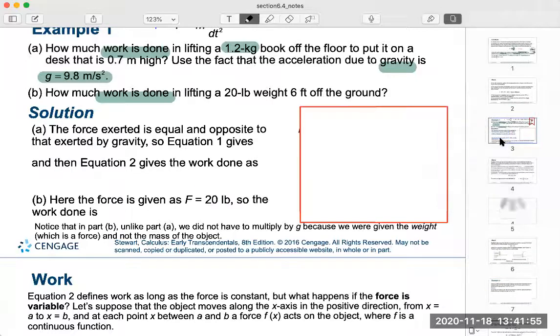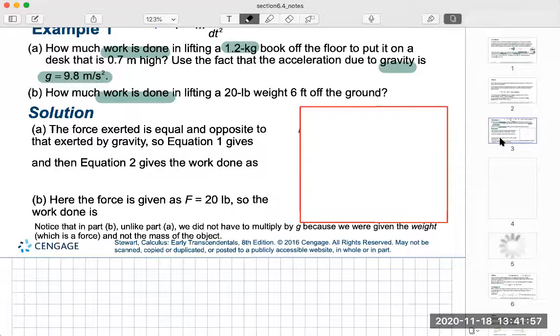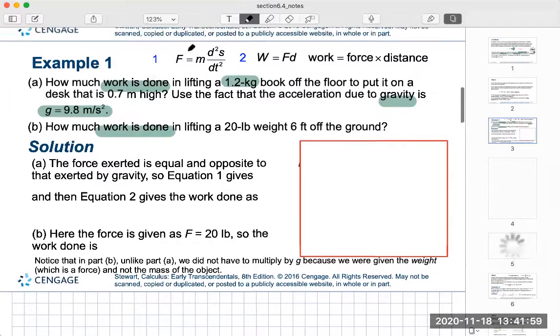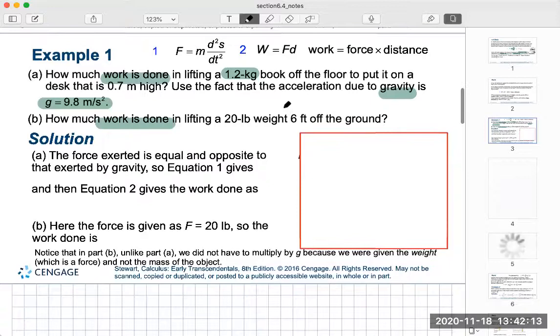Remember, we have the formula: force is given by F equals m a, and the work done is F times d. So these are the formulas we need to use.